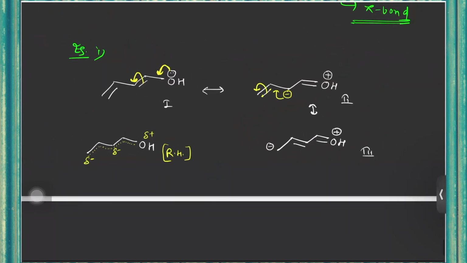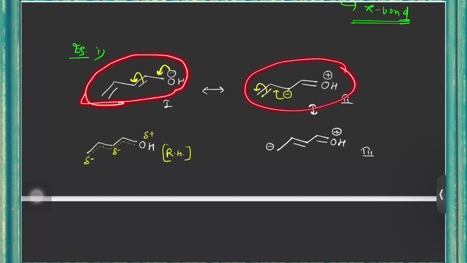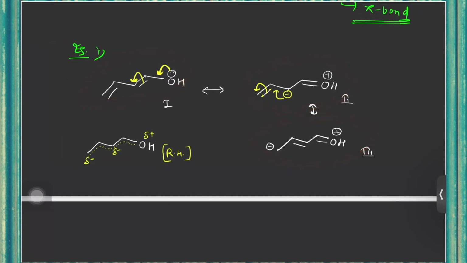In all the cases, you will find that the resonating structures have the same net charge. It was neutral, it is neutral, it is neutral. All are neutral only. The charge cannot be created. So whenever you see that the molecule was not having any charge, but in the resonating structure you see a net charge, either positive or negative, then that RS is wrong, right?